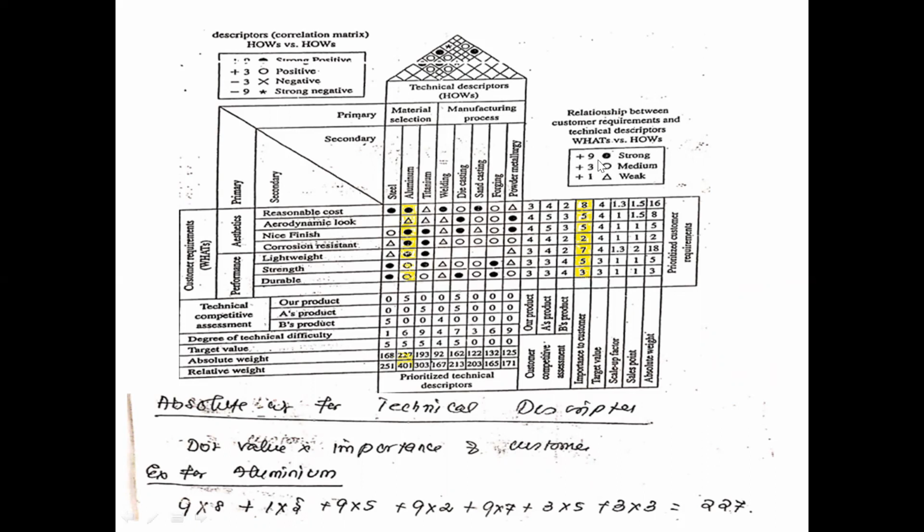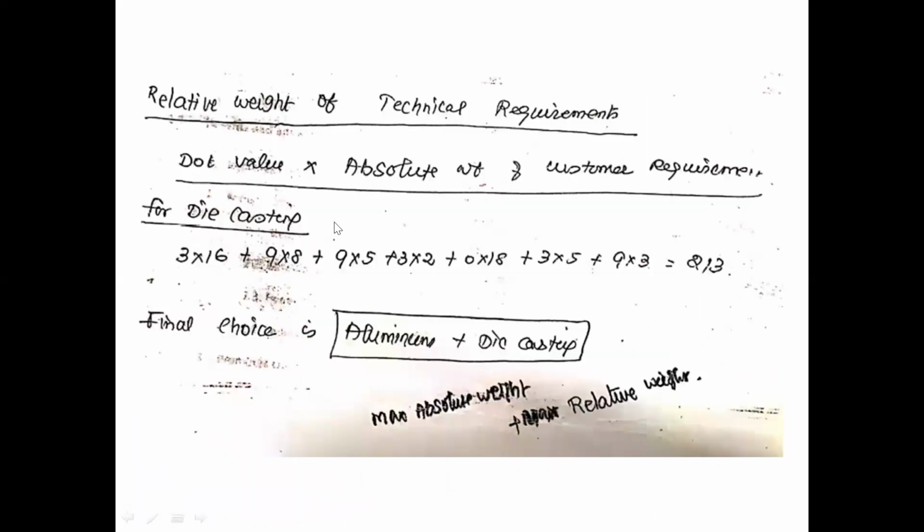So dot value is 9. So 9 into 8. Then weak point 1, 1 into 5. Like that we are adding, 227. So the value is 227. We have put that.